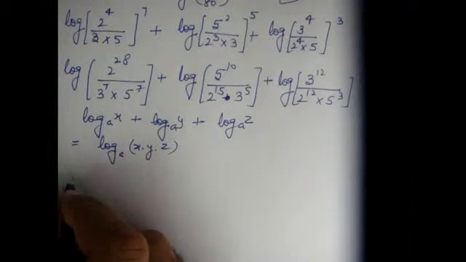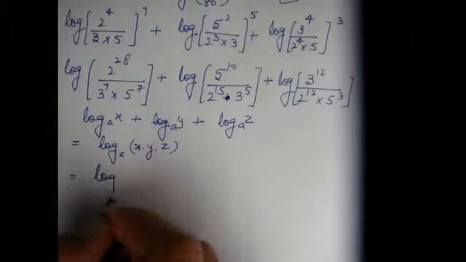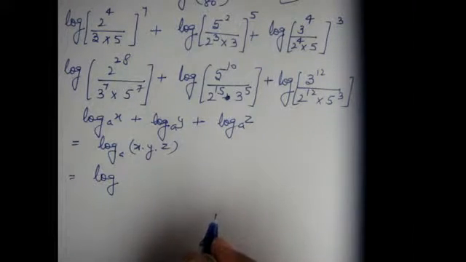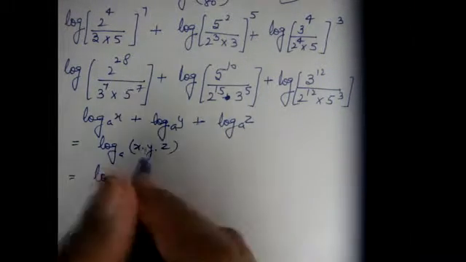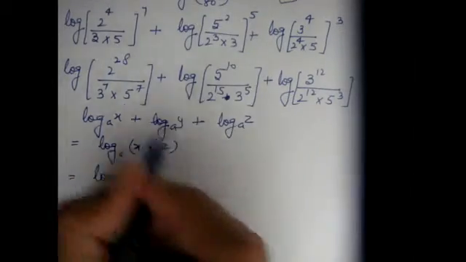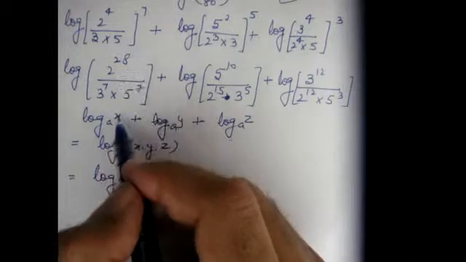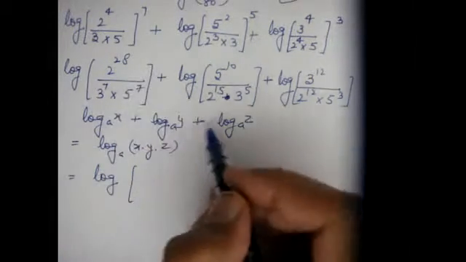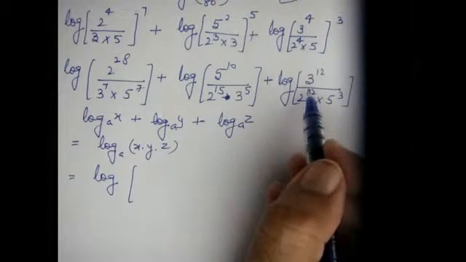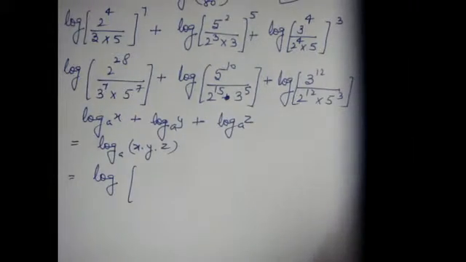So we will have log, the same base which we don't know, maybe 10 or 2 or whatever it is, of all the values: we can relate this with x, this with y, and this with z. So we are going to multiply each of them.